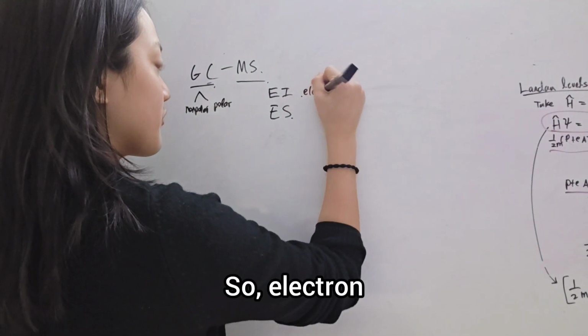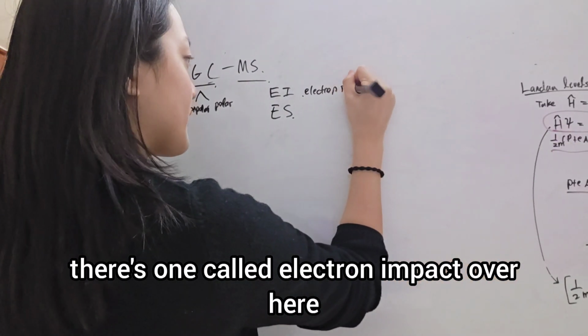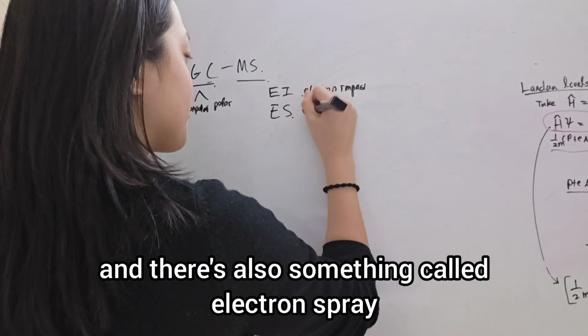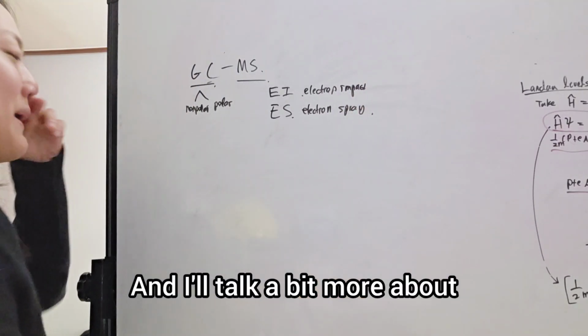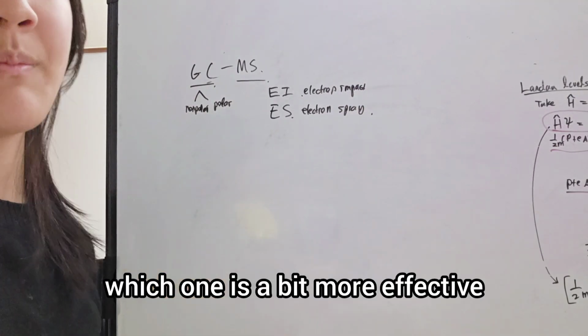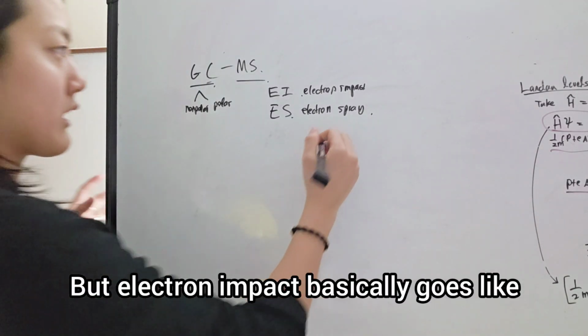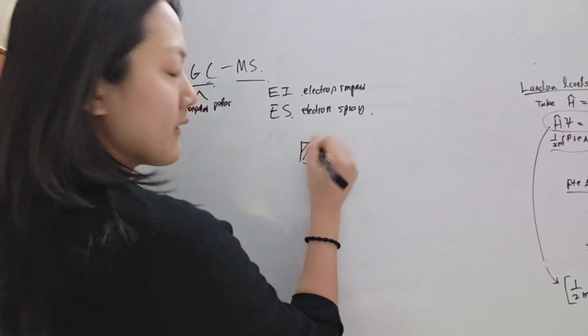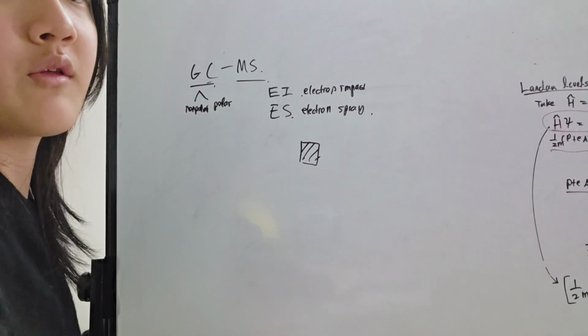So there's one called electron impact over here, and there's also something called electron spray, like that. And I'll talk a bit more about which one is a bit more effective, but electron impact basically goes like, you have the substance over here, and you basically just bombard it with ejected electrons.